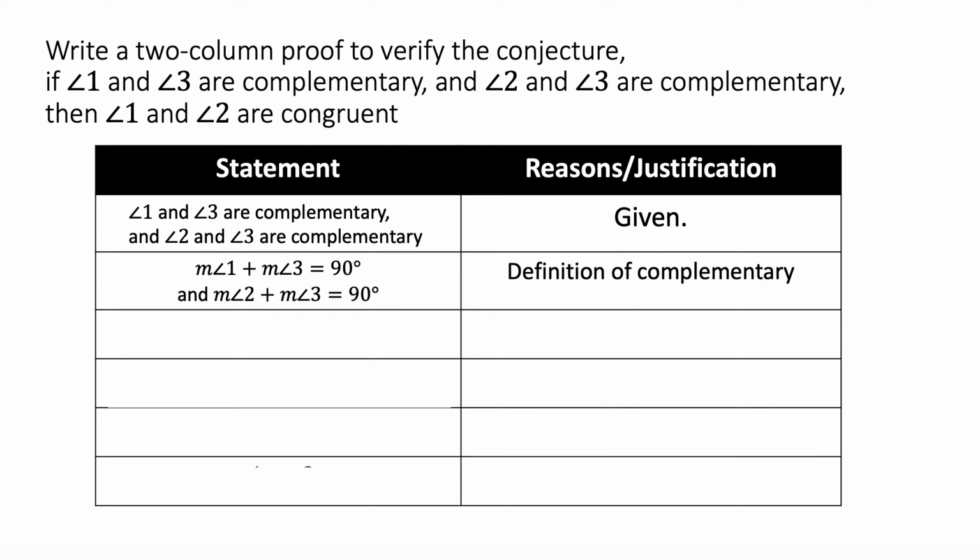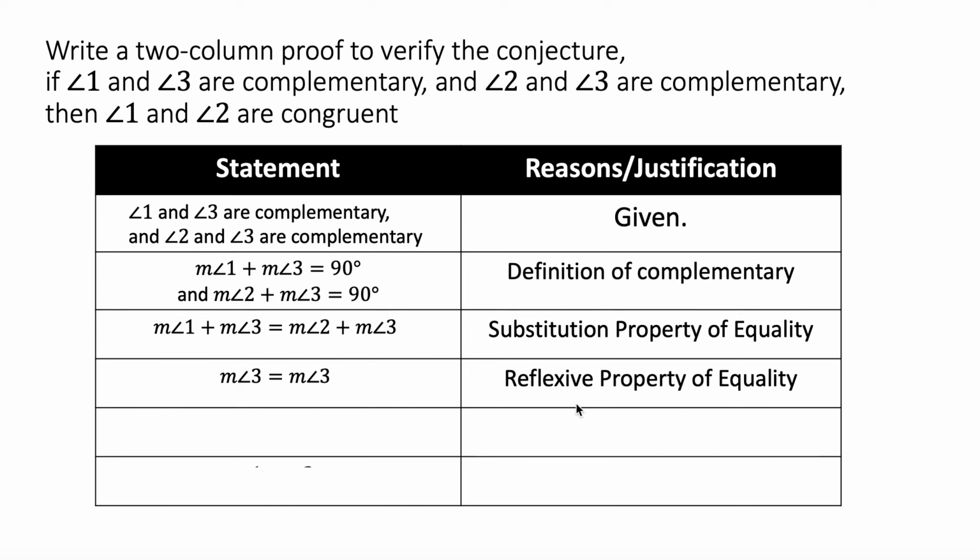So measure of angle 1 plus measure of angle 3 equals 90, and measure of angle 2 plus measure of angle 3 equals 90. So if these two things both equal 90, then by substitution or by transitive, we know that they're the same. I'd probably prefer to use transitive there, but substitution is correct as well.